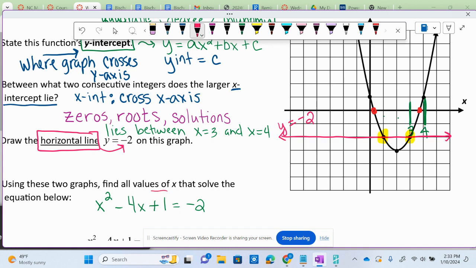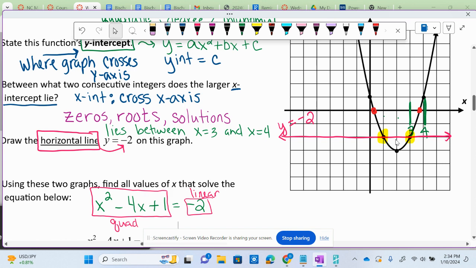Well, this is the quadratic, and this is the linear, right? One is a quadratic function and one is a linear. And we set them equal to each other. And when we do that, we find out what points make it true. That's what it's asking you.